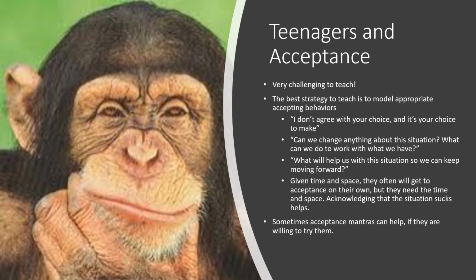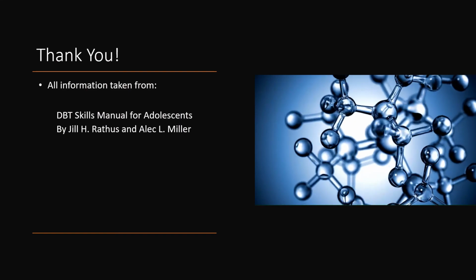If you tell them you need to be accepting of this because you can't do anything about it, that will absolutely turn them off from even trying anything. So finding mantras that can help them, or asking their peers about mantras that help them so that they have peer input on it, those things are helpful if they're willing to try them.